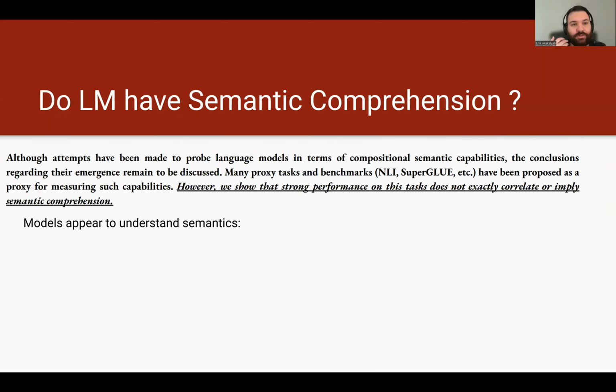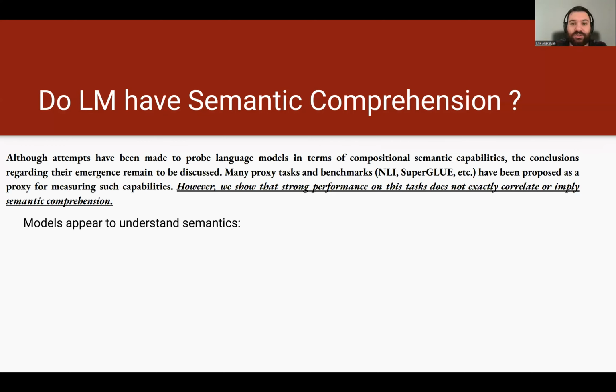Although there have been attempts to probe language models in terms of compositional semantic capabilities, it's a bit finicky. Essentially, we don't really know if there is an emergence of them or not. And people have been trying to use proxy tasks like the SuperGLUE benchmark and others, which we'll cover later on, in order to say, if you're capable of this, then you're likely capable of semantic comprehension.